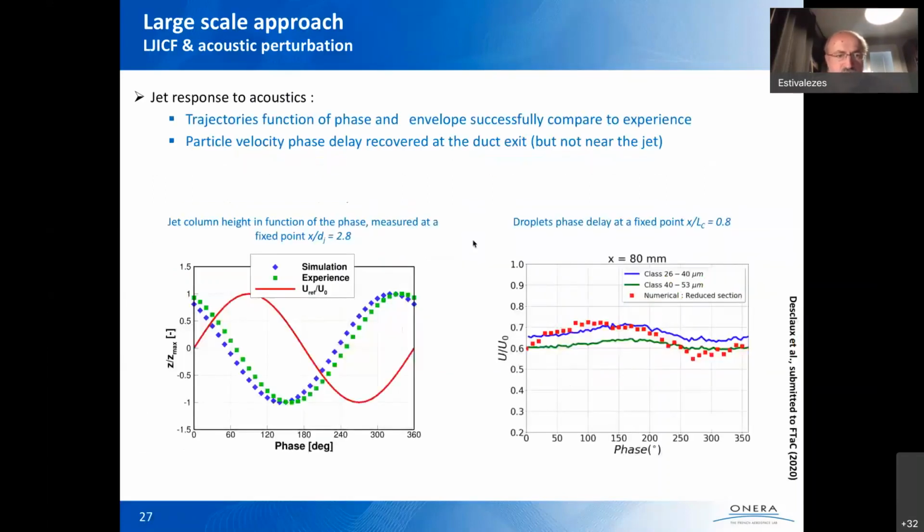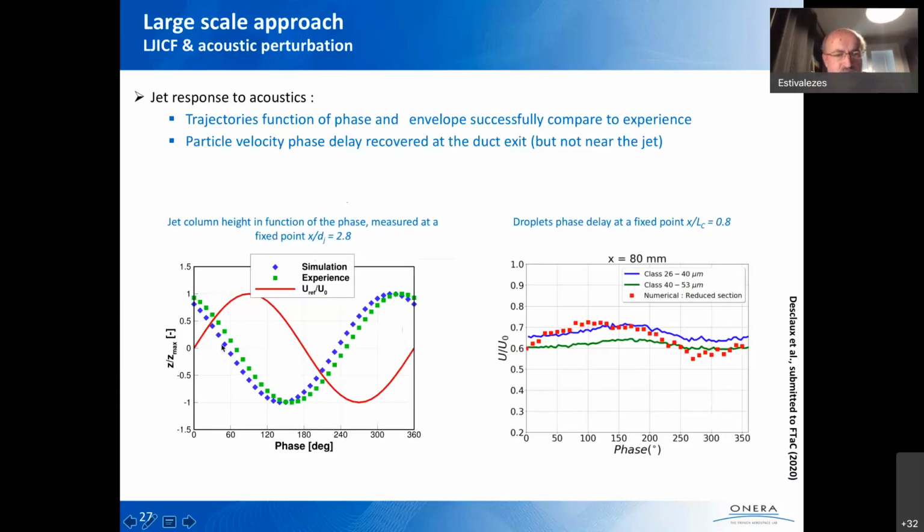We have done also some comparison because in this case we play with some kind of acoustic interaction with two-phase flow, which is used to understand what we call combustion instability, which are generally driven by some acoustic coupling between liquid gas and the structure of the burner.